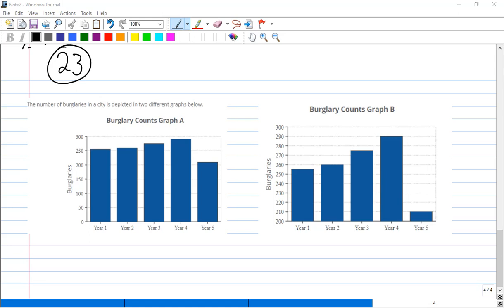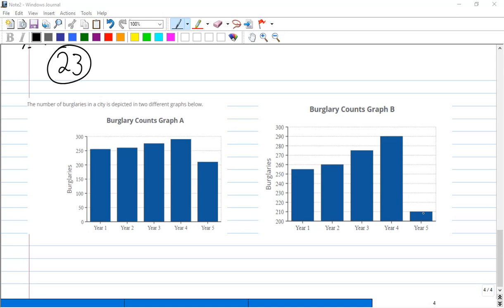All right. This would be a way that maybe a city official or somebody could present this in the newspaper, and people say, oh, year 5, wow, so many less. Look at year 4 whenever so-and-so was mayor, and now look at year 5 now that I'm mayor of this city. Look how many burglaries we've had.